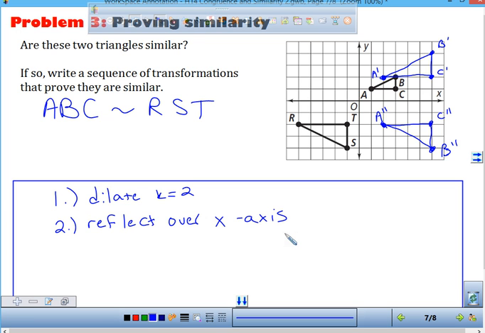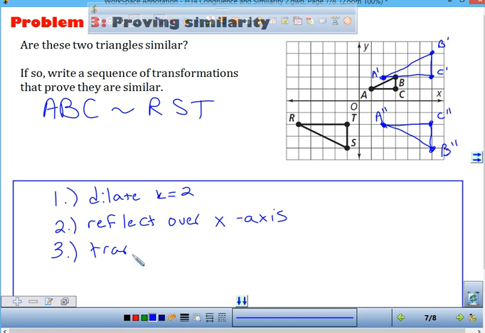Once you have the orientation the same, then you can work on getting it right on top of the other one. And the last thing we might have to do is what, Jack? Well, what are we going to do? Get A double prime, B double prime, C double prime on top of RST. Good.